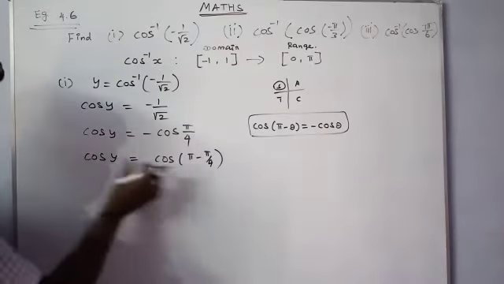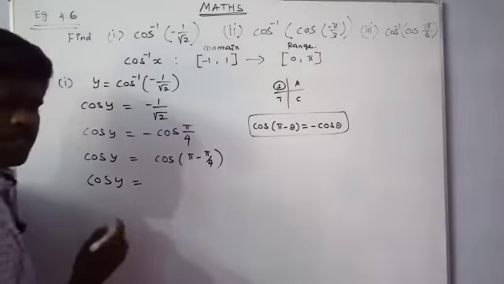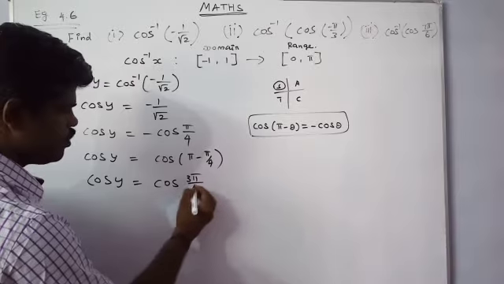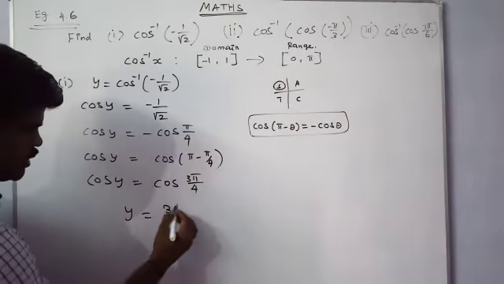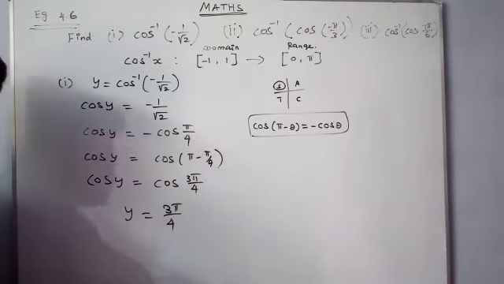Equating these two values, cos y is equal to cos of 4 pi minus pi by 4, that is cos 3 pi by 4. Equating the values, since both sides are cos, y must be 3 pi by 4.